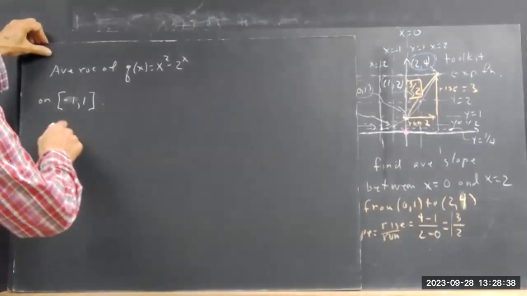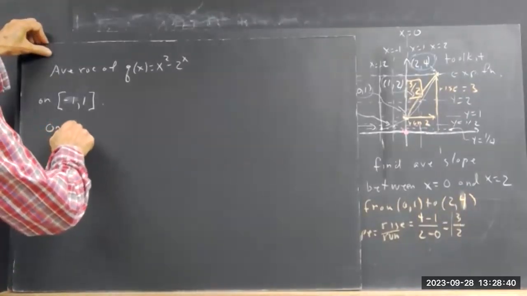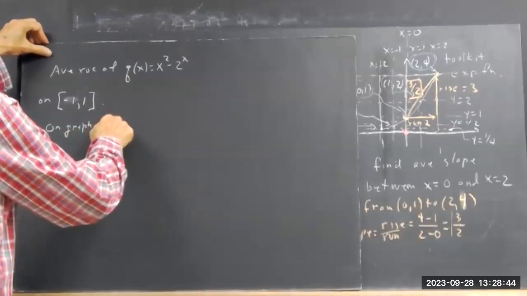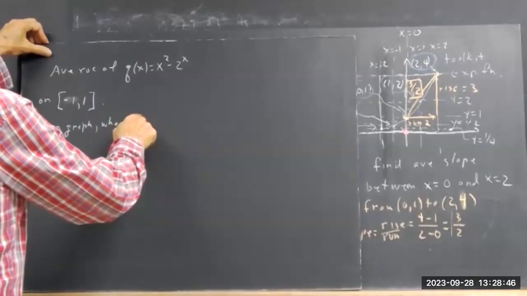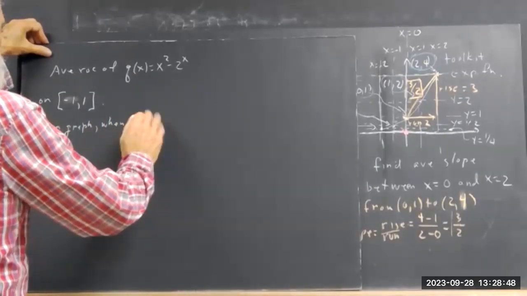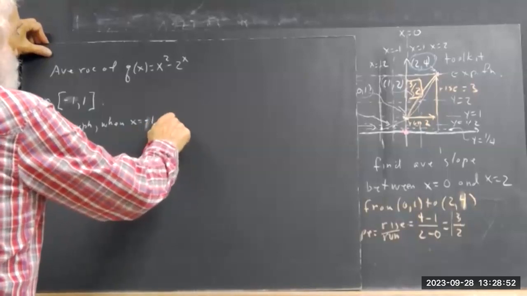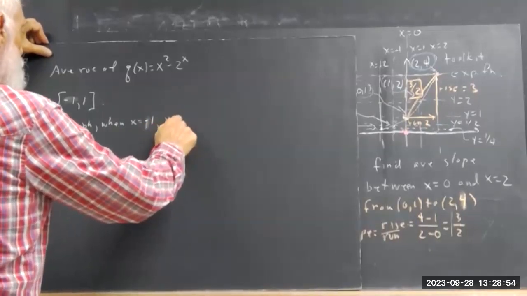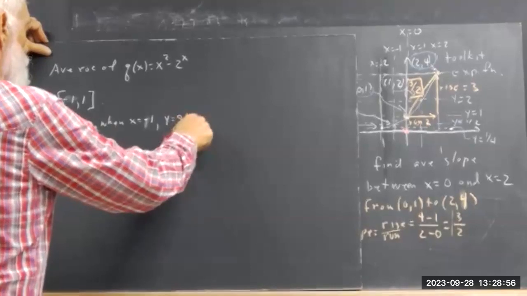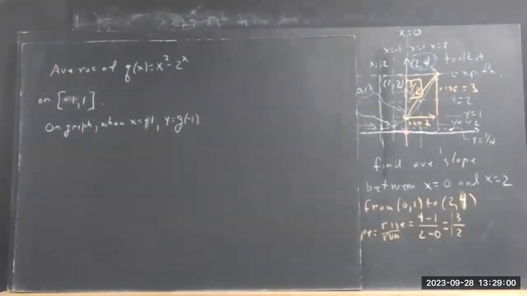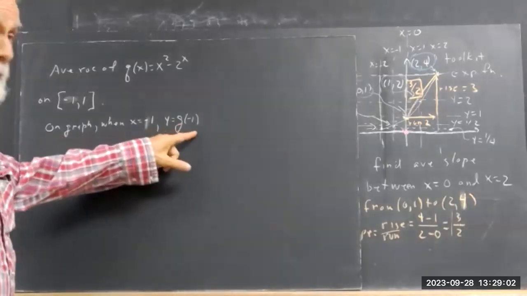Now on the graph, x equals -1. Y equals q of -1. Okay. Now, what's q of -1?